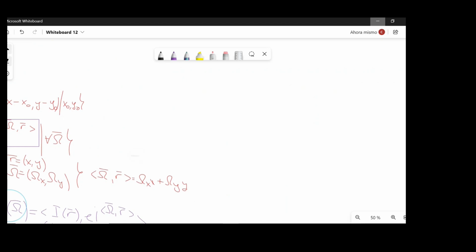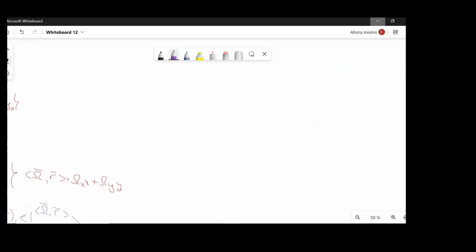So now our frequencies are discrete, and so I have a discrete set of omega. So I will have omega k, and it's a vector. Now, what is omega k? Omega k is a vector. It has two components, omega k x and omega k y.